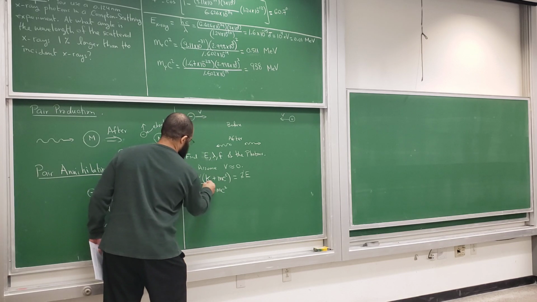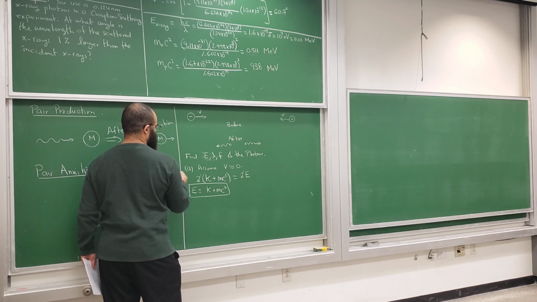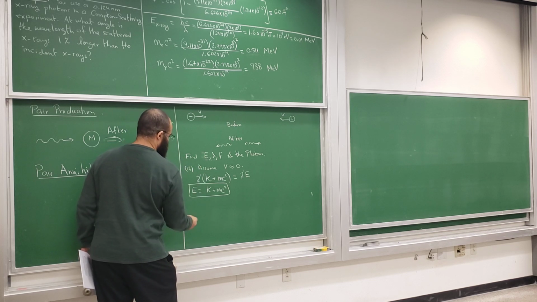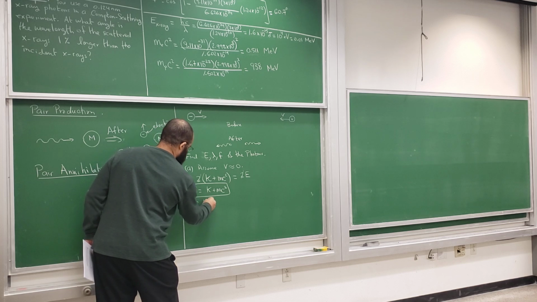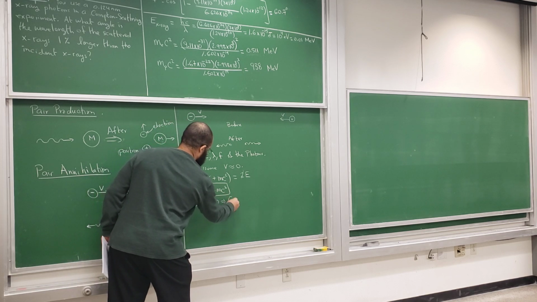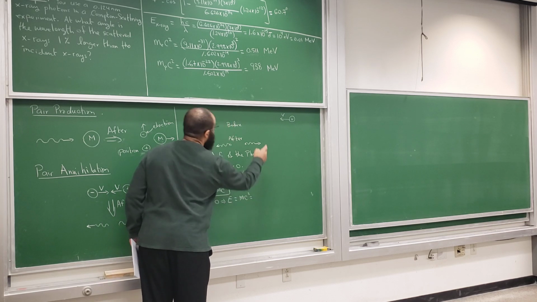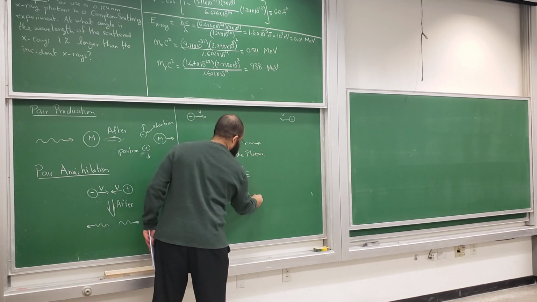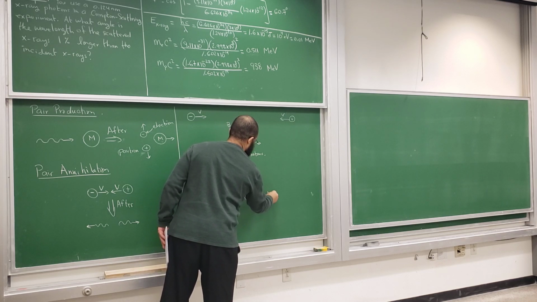So if the kinetic energy is basically 0, then the energy would just be mc squared, and that is 0.511 MeV.